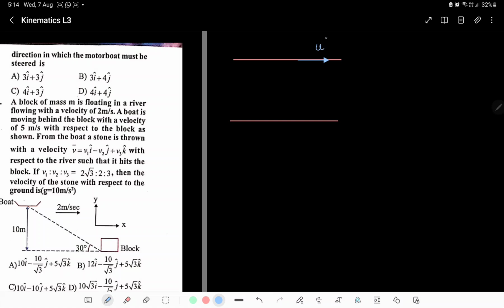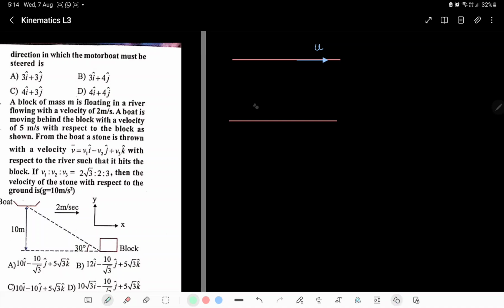In this river, the person is swimming with the velocity v, and he's making an angle theta with the river. Therefore, the resultant velocity will be here.